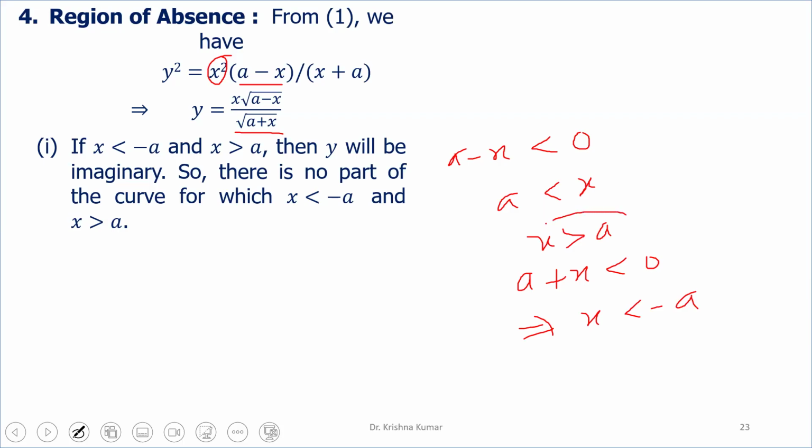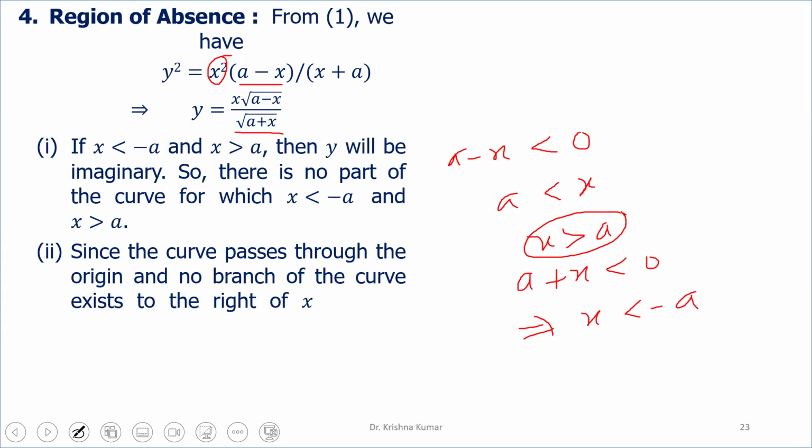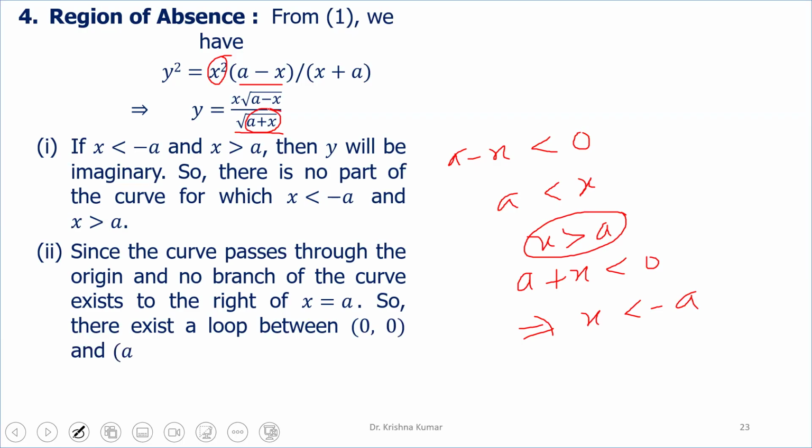So if x is greater than a, then the value of the root over a minus x will be imaginary, that is, the root of a negative number is imaginary. So ultimately y will be imaginary. Similarly, if x is less than minus a, then also y is imaginary.